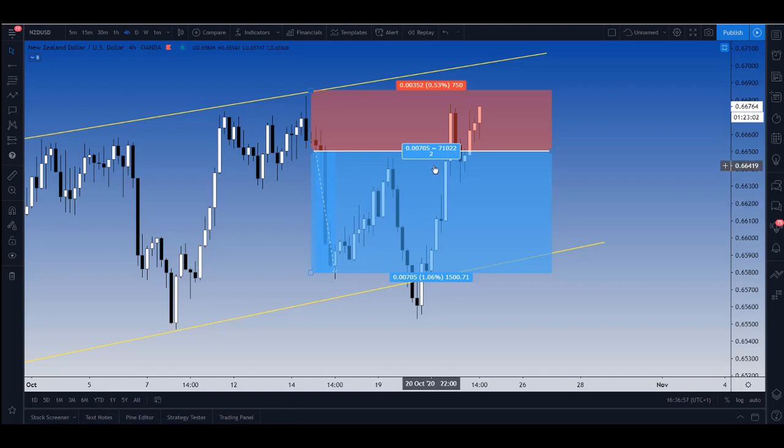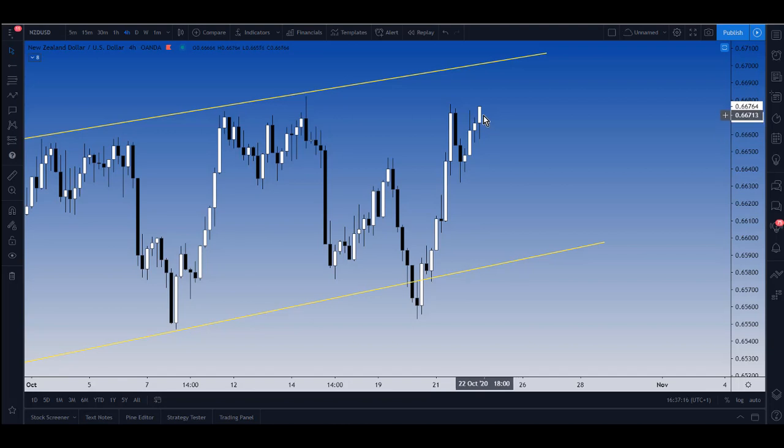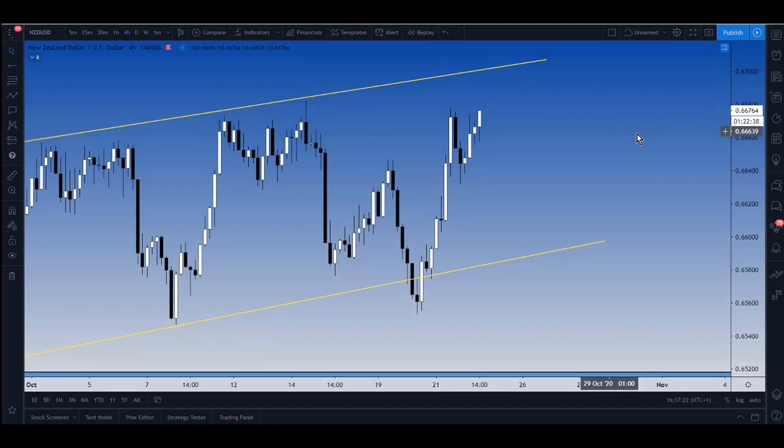So trading isn't about the volume of trades you take. It's about the quality. It's about waiting for the right trade to come along, being really patient, and then boom, getting the trade. So let me just remove that. So maybe this will push up into 67 or bounce off the top of this channel.